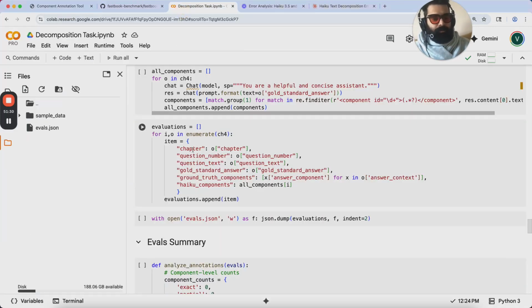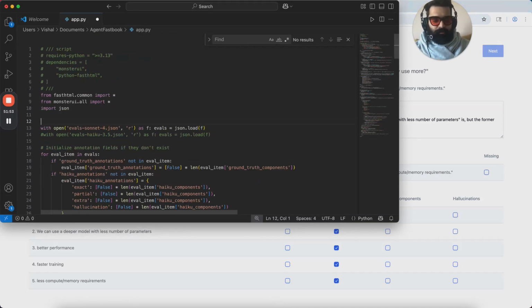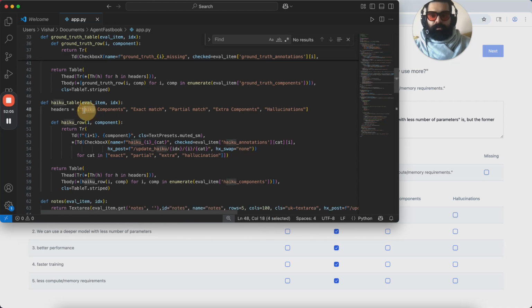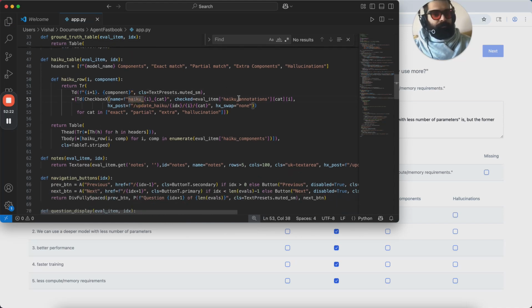I accidentally still called it Haiku components, so I should probably call it model components or generated components. I think what I'm going to do is say model name equals sonnet 4. And then at least in some of these, I'm just going to use model name. Maybe that'll work. We'll see. Oops. Whoa. I'm going to leave some of these as is.